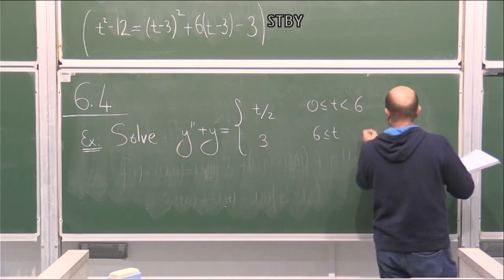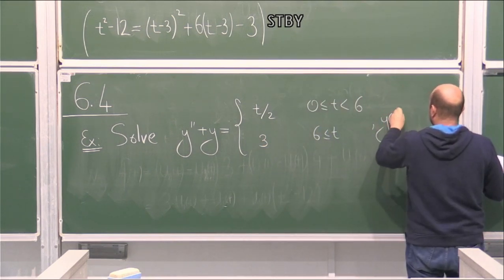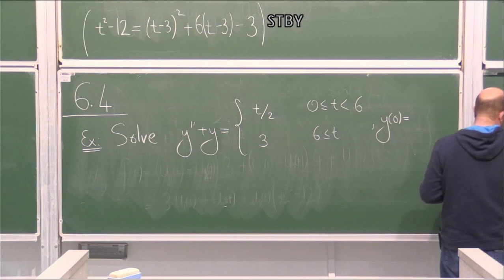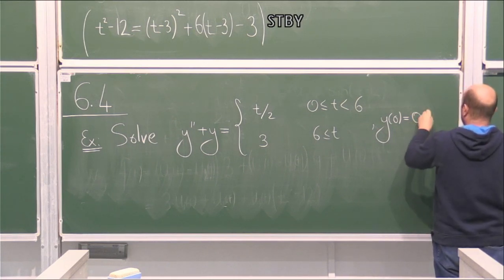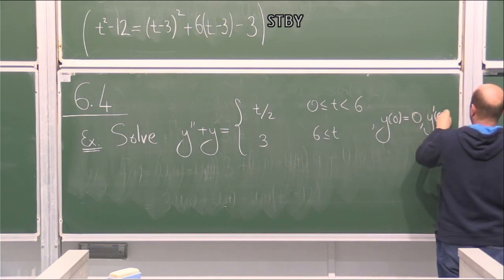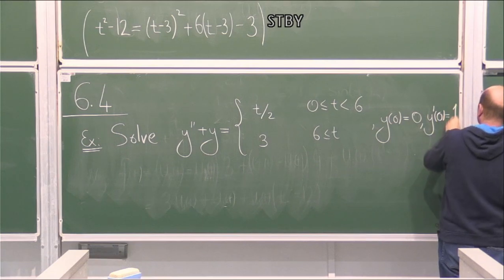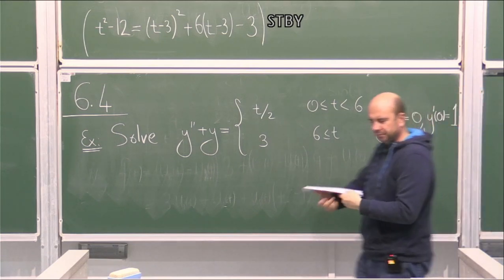And our initial conditions are y of 0 is equal to 0, y prime of 0 is equal to 1.